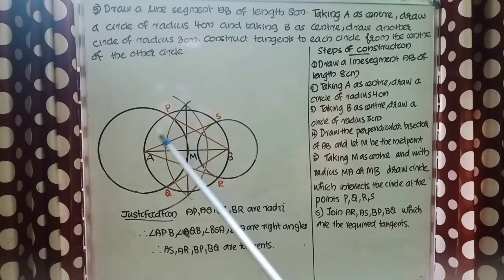So here AS, AR, BP, BQ are the tangents.